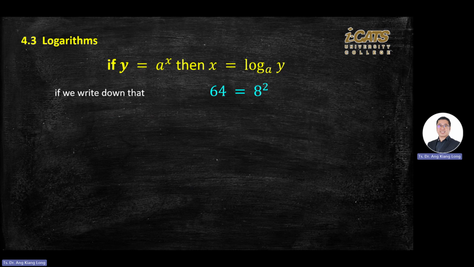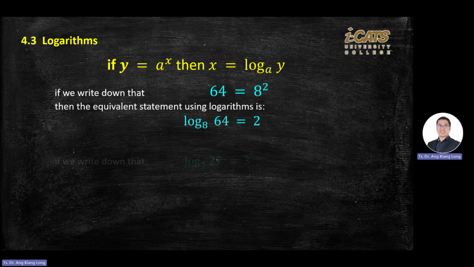So if you have 64 equal to 8 power 2, and you want to write it in base 8, it will be log base 8 of 64 equal to 2. The concept is actually that you're converting a non-linear graph into a linear graph.